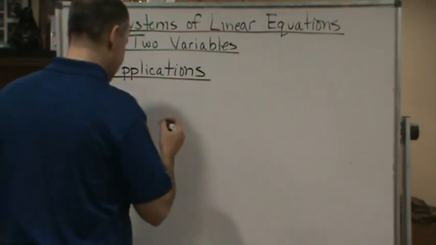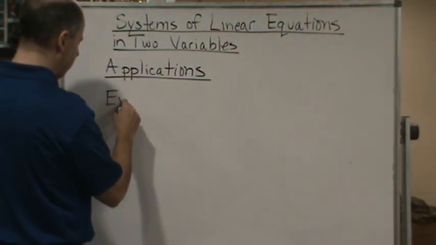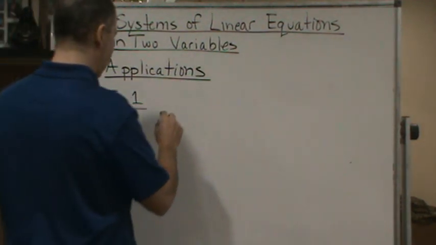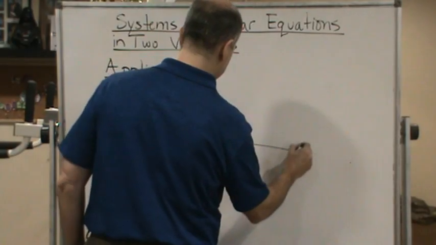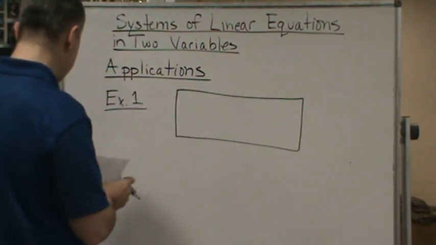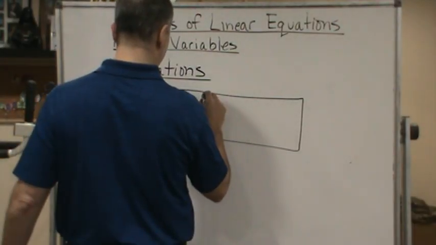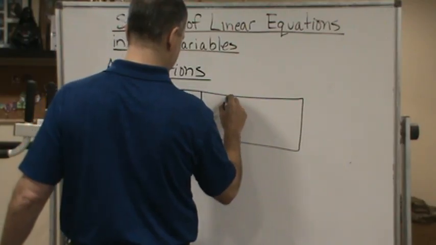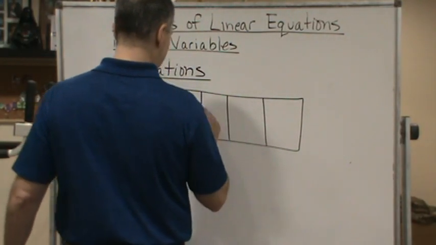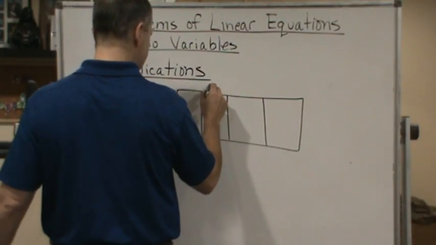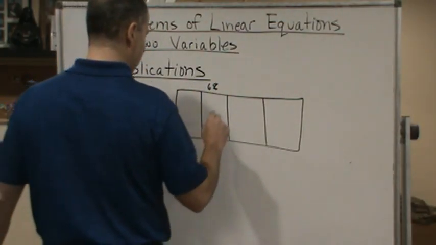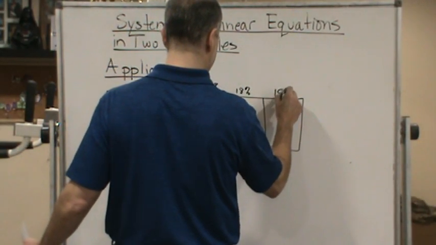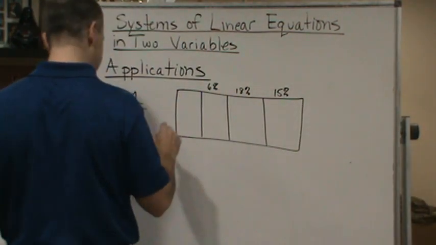Now, in this example, it's very helpful to set up a table when you're working on these, okay? So here's what I'm going to do. I'm going to set up a table. Let's say this column is the 6% solution, and this is the 18% solution, and the 15% solution, right?